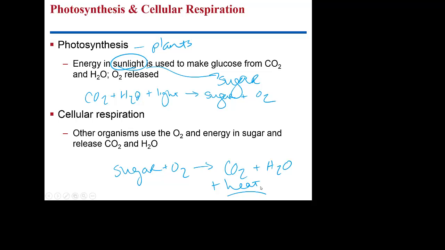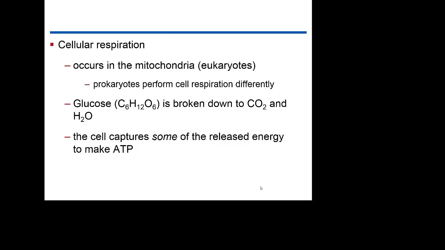So this cellular respiration process occurs in our mitochondria in the eukaryotes, and while prokaryotes or bacteria do cell respiration, they do it a little bit differently because they don't have mitochondria, right? We've talked about that. So they have to do the process a little bit differently, but they're still going to do the same basic process of breaking down a sugar into CO2 and water.